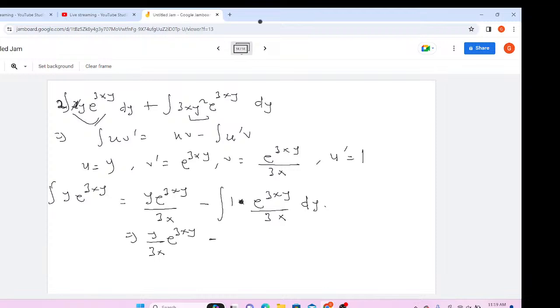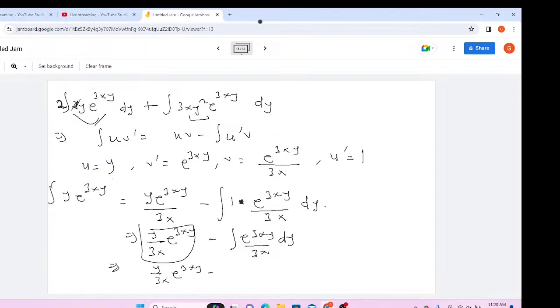minus, so I'm going to integrate this with respect to y. Now we see that our y here has left. So we are going to integrate this exponential 3xy over 3x with respect to y. Now that we are integrating with respect to y, we assume our x's to be constant, right? So our 3x is nothing but just a constant. We've gotten this part, so we'll just write the same thing, y over 3x exponential 3xy minus.